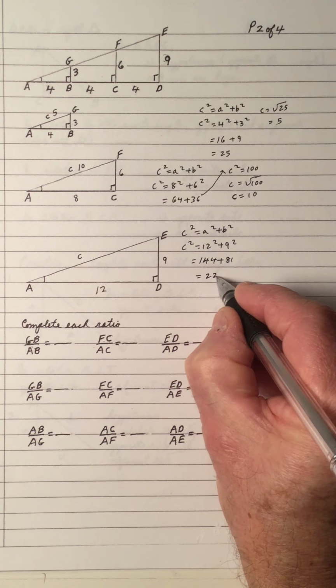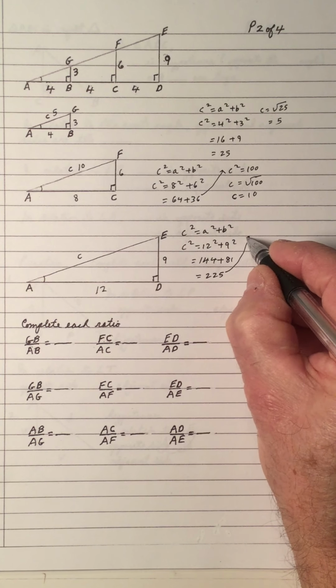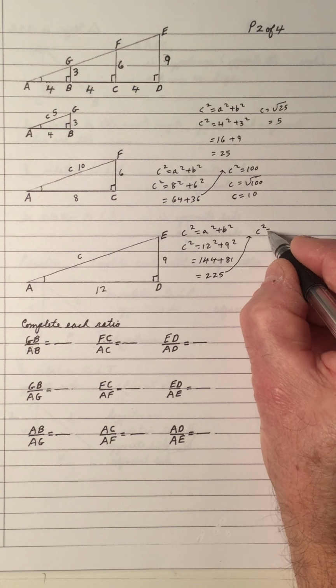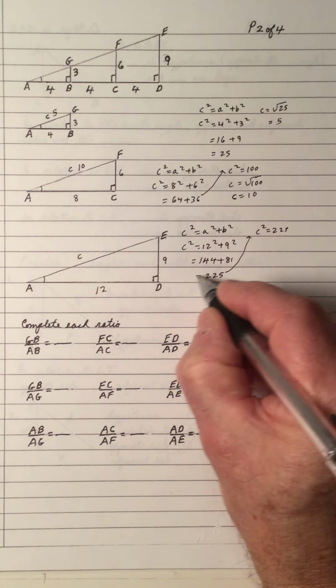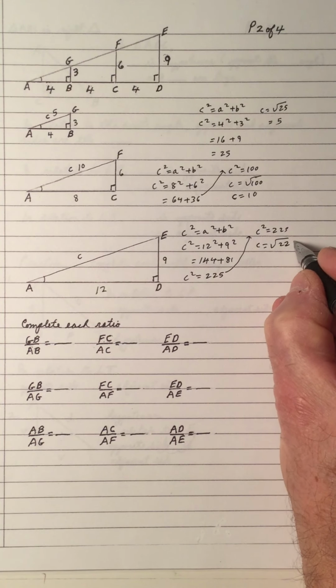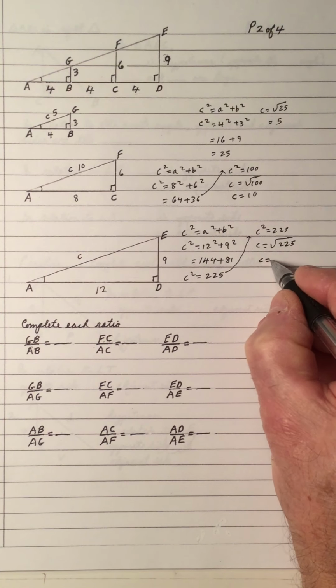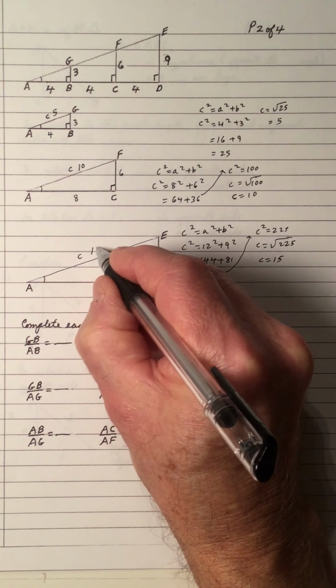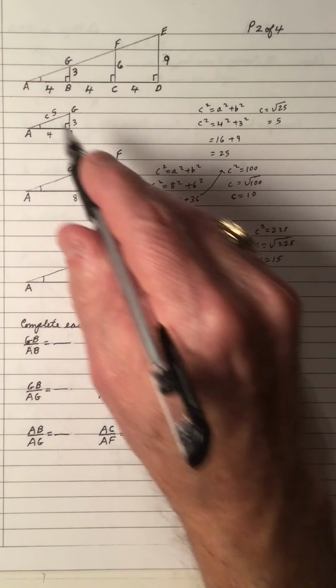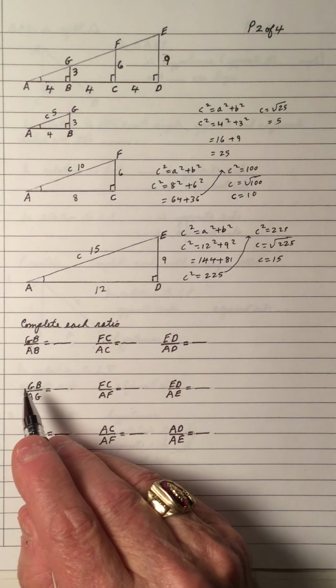That adds up to be 225. So C squared is equal to 225. So C is the square root of 225. So C is 15. So let's put 15. So I worked out the Pythagorean theorem to get the length of the hypotenuse of each triangle.